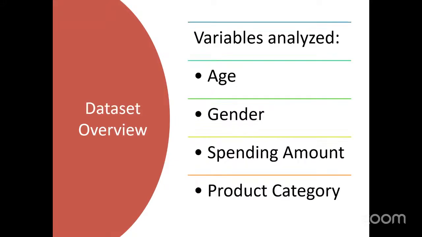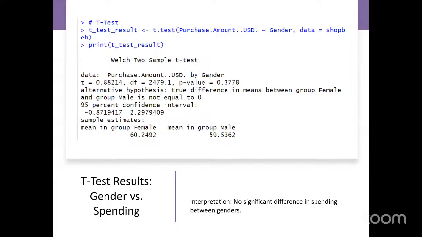The variables that we are going to study in this data set are age, gender, spending amount, product category. So this was the first test that we applied, the t-test. In this, you can easily see that there is no significant difference in spending between genders. This was the interpretation based upon the data we shared in the last class.